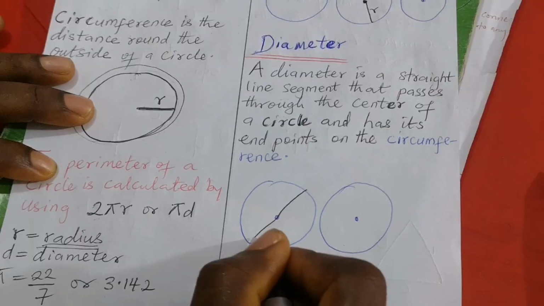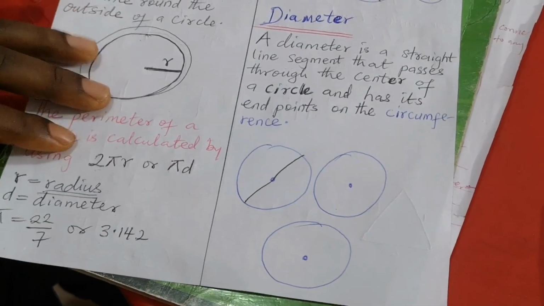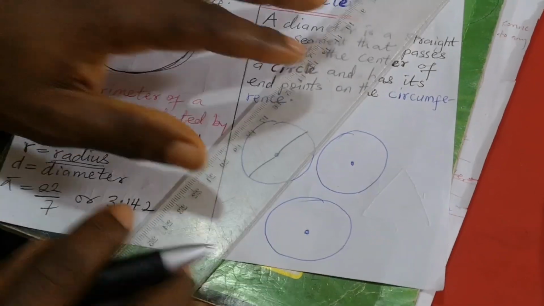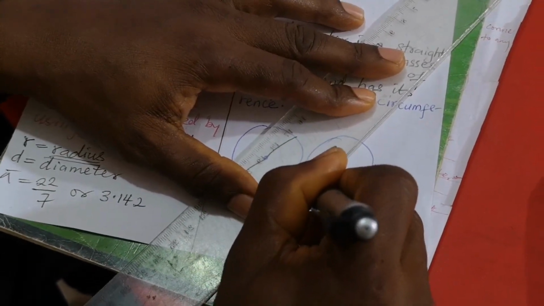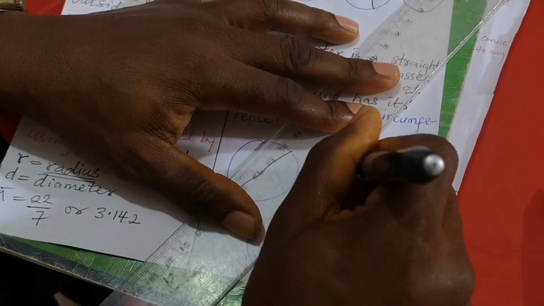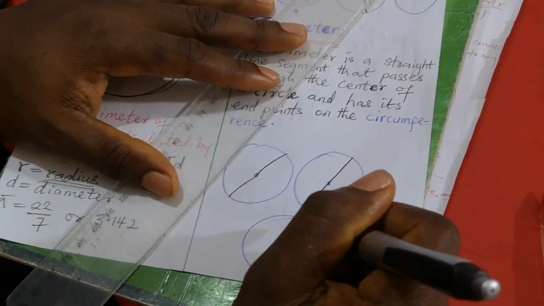My own is not a straight line because I am just drawing without a ruler. So this line is a diameter.